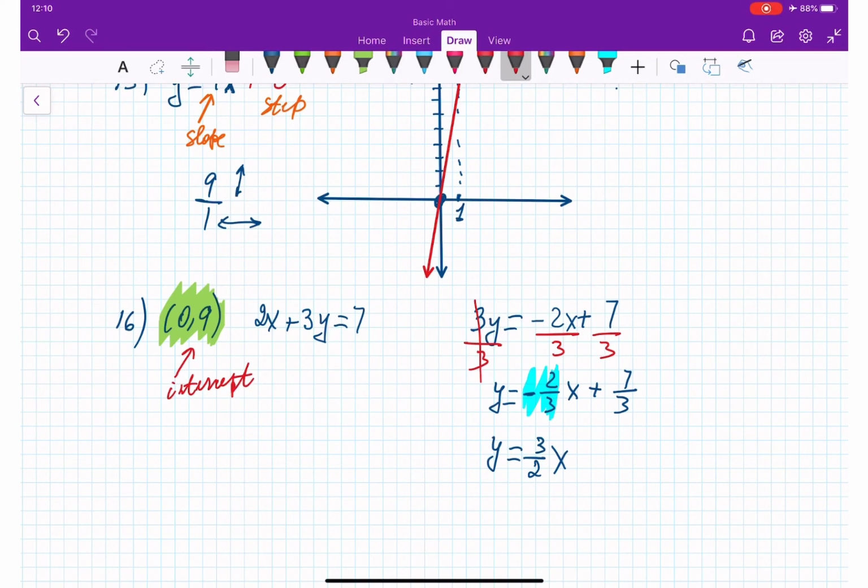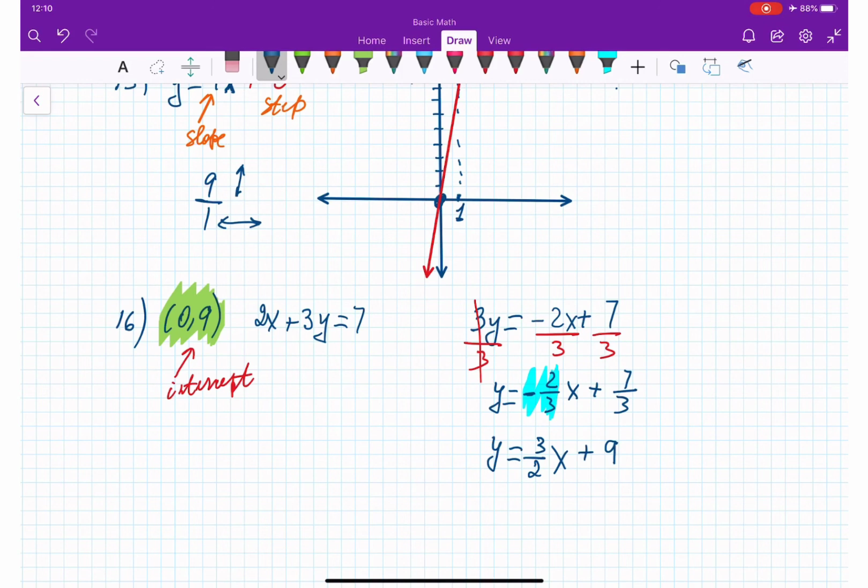So if this is our intercept, which means it's our b, then we don't go any further and just plug in our plus 9. And that's it. We are getting the equation of the line that is perpendicular to the given equation 2x plus 3y equal 7.